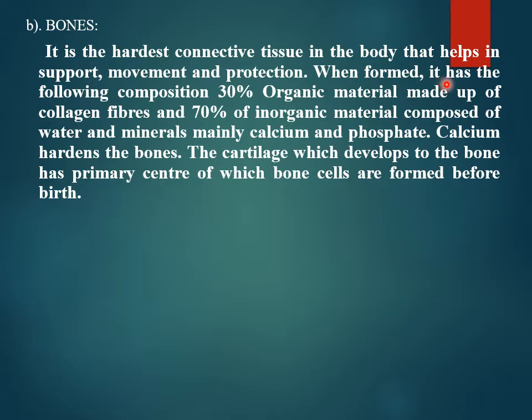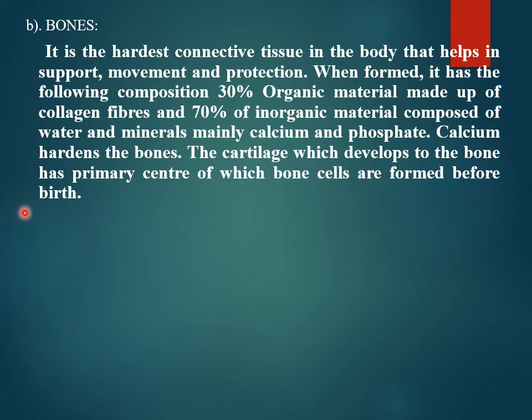When formed, it has the following composition: 30% organic material made up of collagen fibers and 70% inorganic material composed of water and minerals, mainly calcium and phosphates. Calcium hardens the bones. The cartilage which develops to the bone has a primary center in which bone cells are formed before birth.